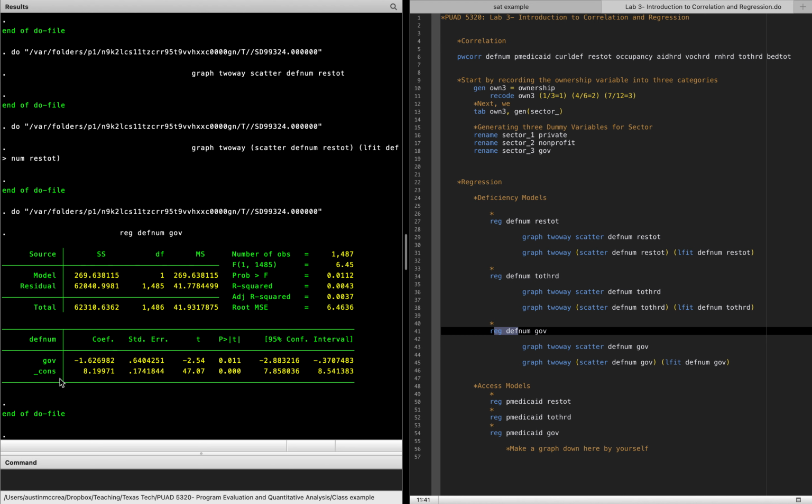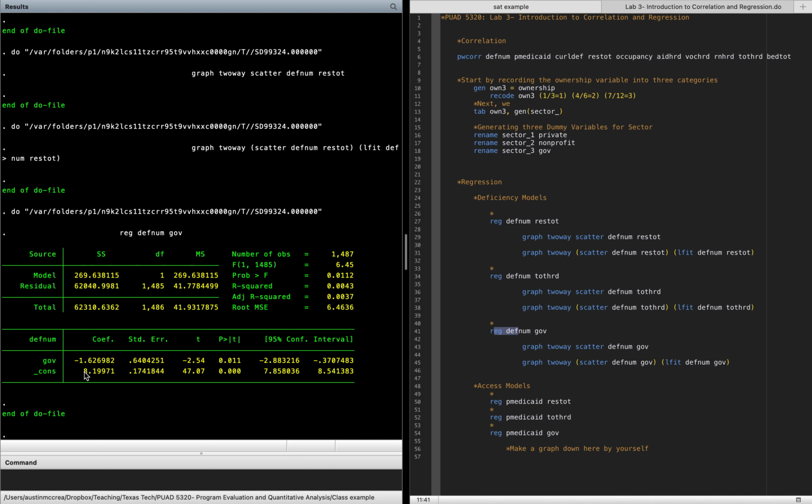So instead of saying a 1 unit increase in a government nursing home, the interpretation would be relative to the private and nonprofit nursing homes. Government nursing homes have 1.6 fewer deficiencies on average.